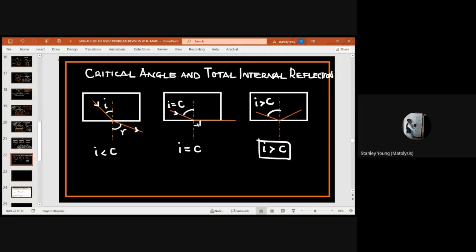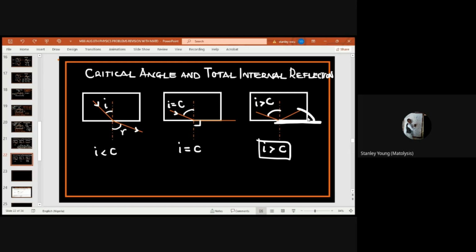Don't forget that the refraction was already at 90. So it has no other choice other than to enter what? The prism in this case. So it was initially at a region here before. Now it's going straight into the prism.